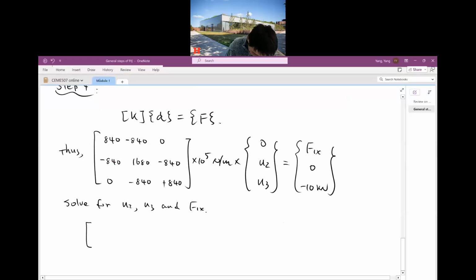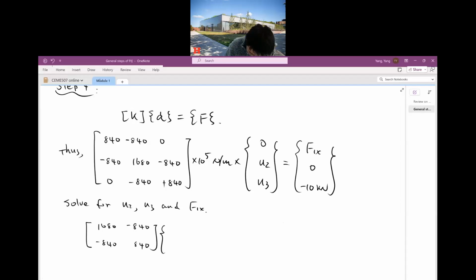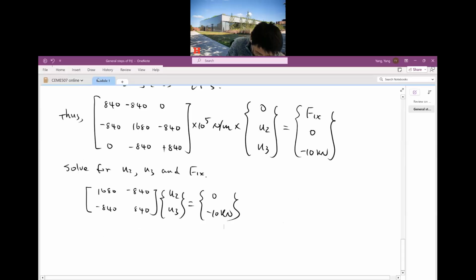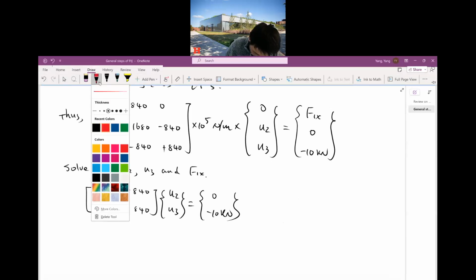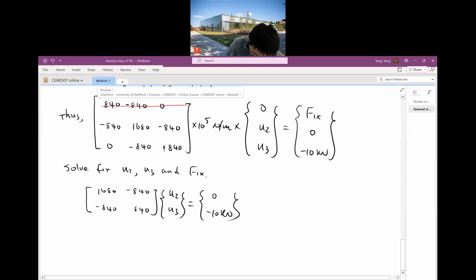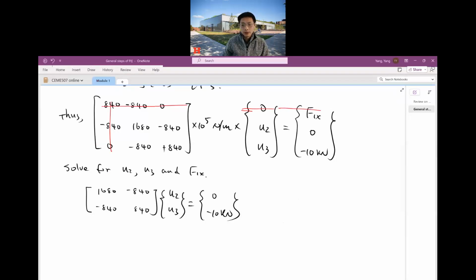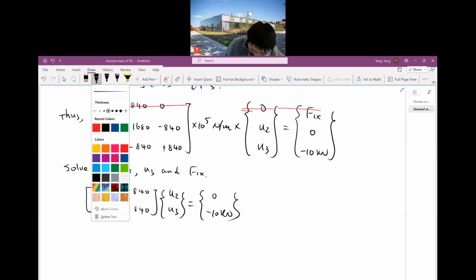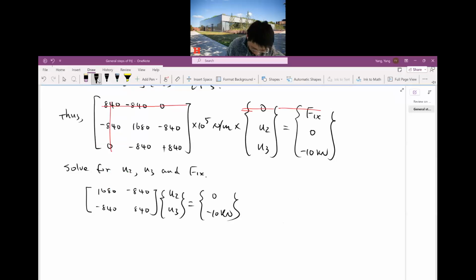So we have the stiffness matrix times U2 and U3 is equal to 0 and 10 kilonewton. So then we have the U2 and U3, two equations, two unknown variables.